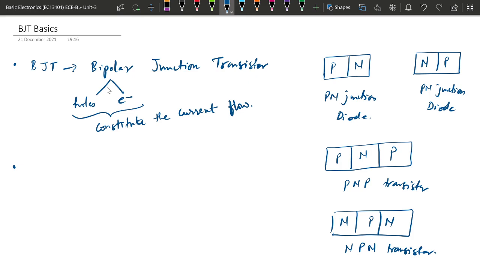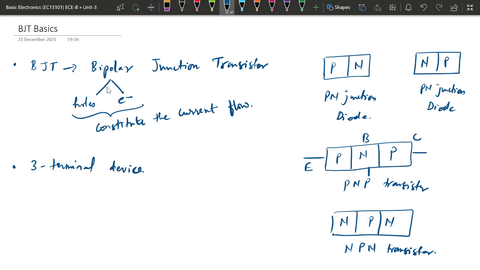Okay, so here this BJT is a three terminal device. The first terminal is called emitter, the second one is called base, and the third one is called collector. So it is a three terminal device.